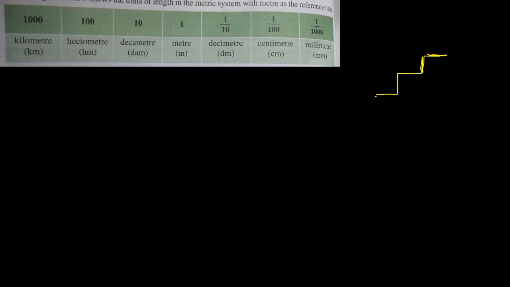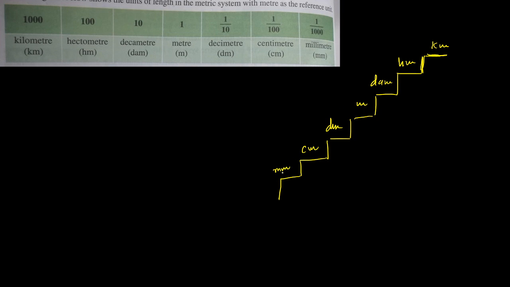We know stairs. So this is a stair. This is kilometer. This is hectometer, HM. This is decameter, DAM. This is meter. This is decimeter, DM. This is centimeter, CM. And this is millimeter, MM.